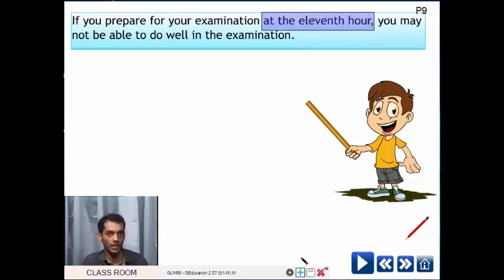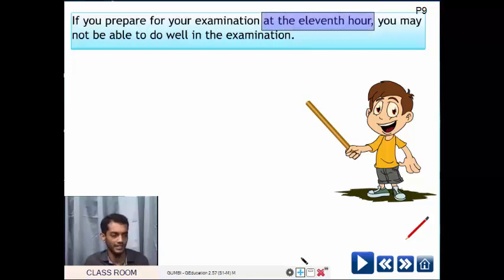My father advised me not to go to the examination hall at the 11th hour. Suppose tomorrow at 10 o'clock you have a test. At what time should you be there? 15 minutes before. So don't go to the examination hall at the 11th hour.